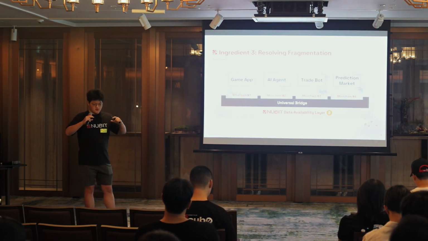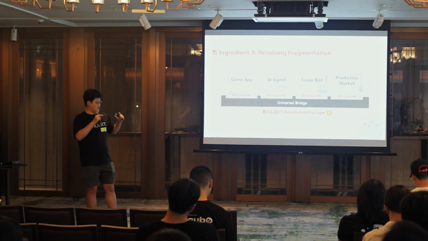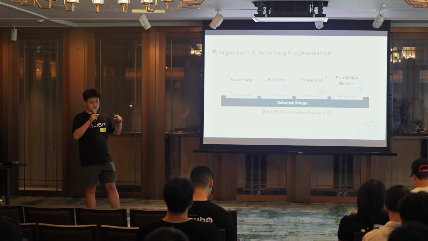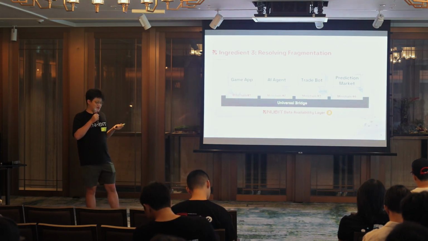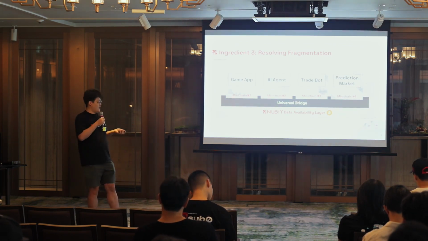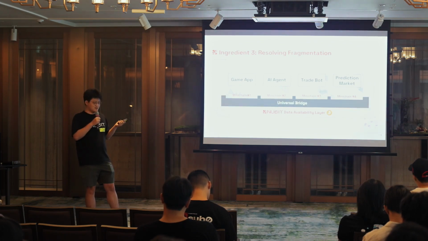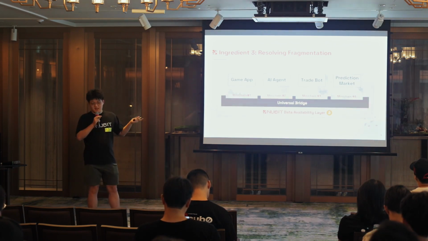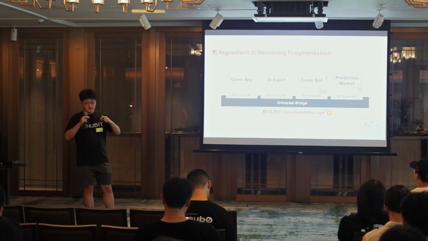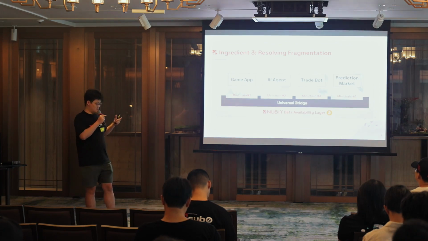We want to connect each chain with this universal bridge, where they can communicate with each other. It acts like a crossover bridge. And to further optimize this process, all the mini chains are directly integrated with Nubit DA by default, where they can communicate with each other within this DA layer, which is much more efficient.